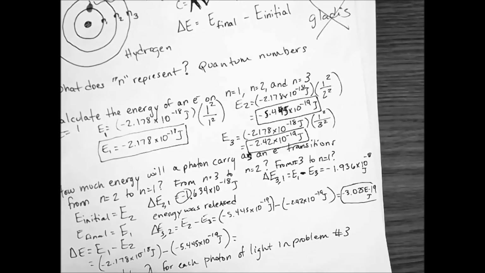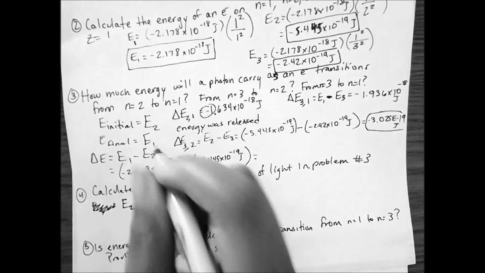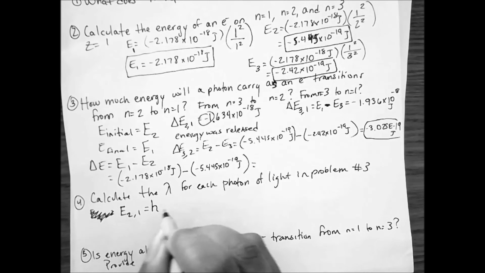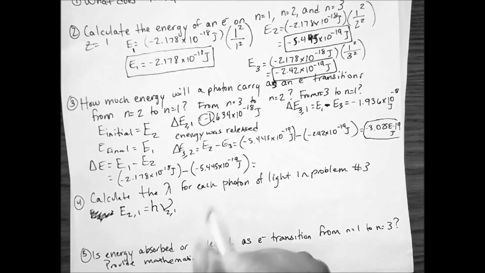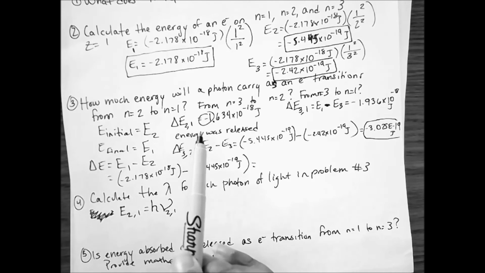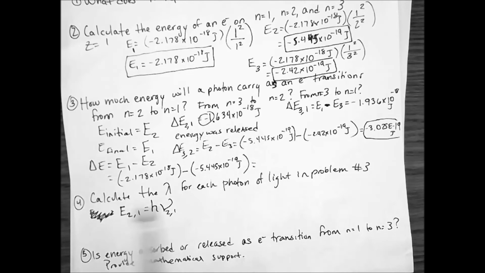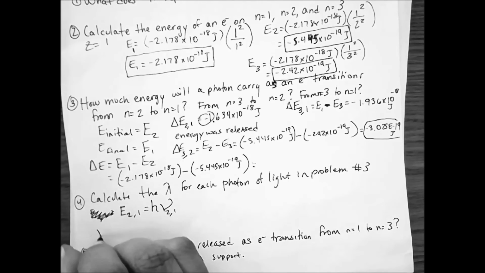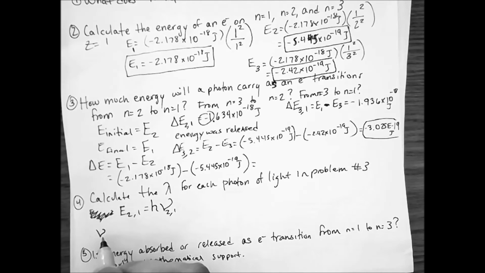So your E going from the second ring to the first ring is going to be equal to Planck's constant times your frequency of that transition. So we're going to plug in the numbers we have. What was that number we got going from the second to the first ring? That was this number here. Oh wait, I'm sorry. You guys said that you like it when we rearrange the equation first. Right? So we'll do that. That means the frequency going from the second ring to the first ring will be equal to what?